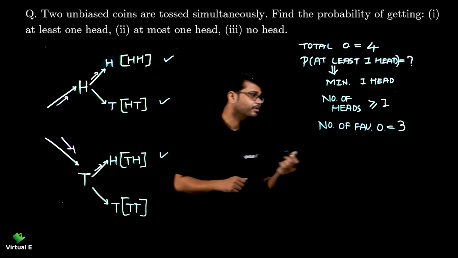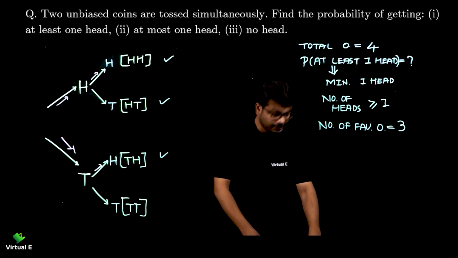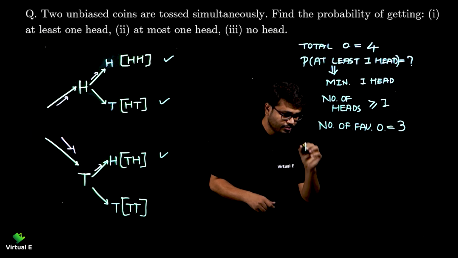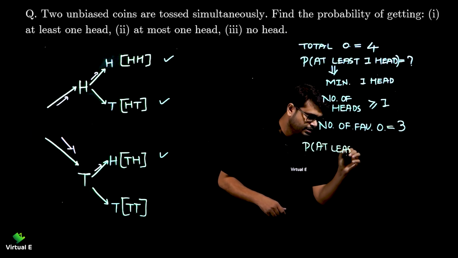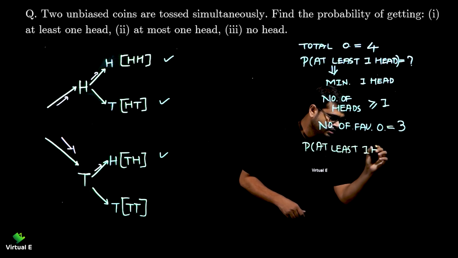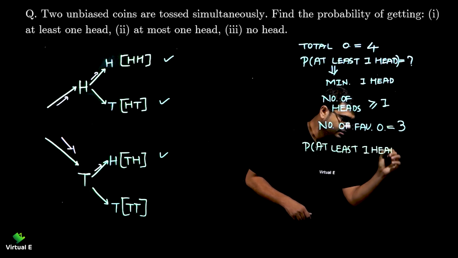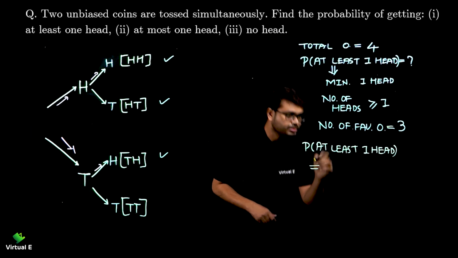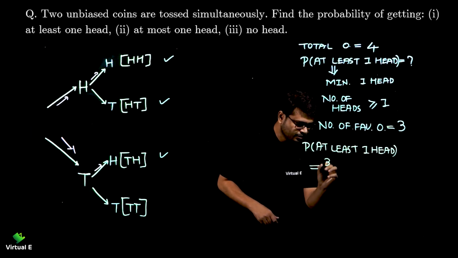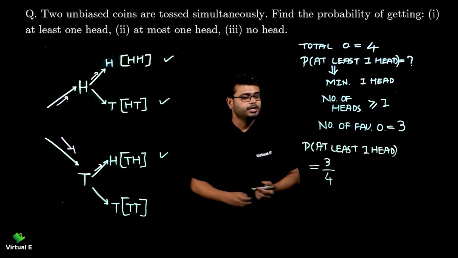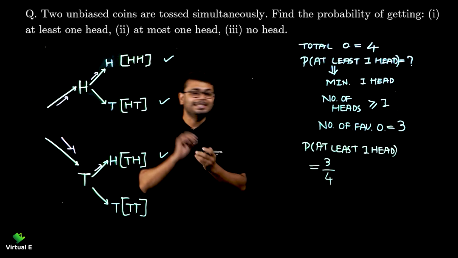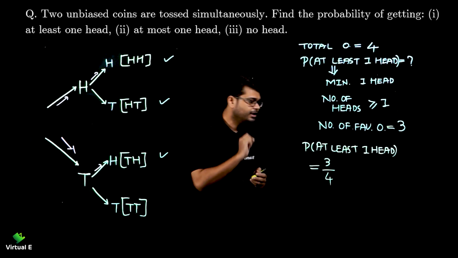So let's write the probability of at least one head. Favorable outcomes, how many are there? 3. Total number of outcomes, yes, 4 it is. So that's my answer, the probability of at least one head, minimum one head, right?